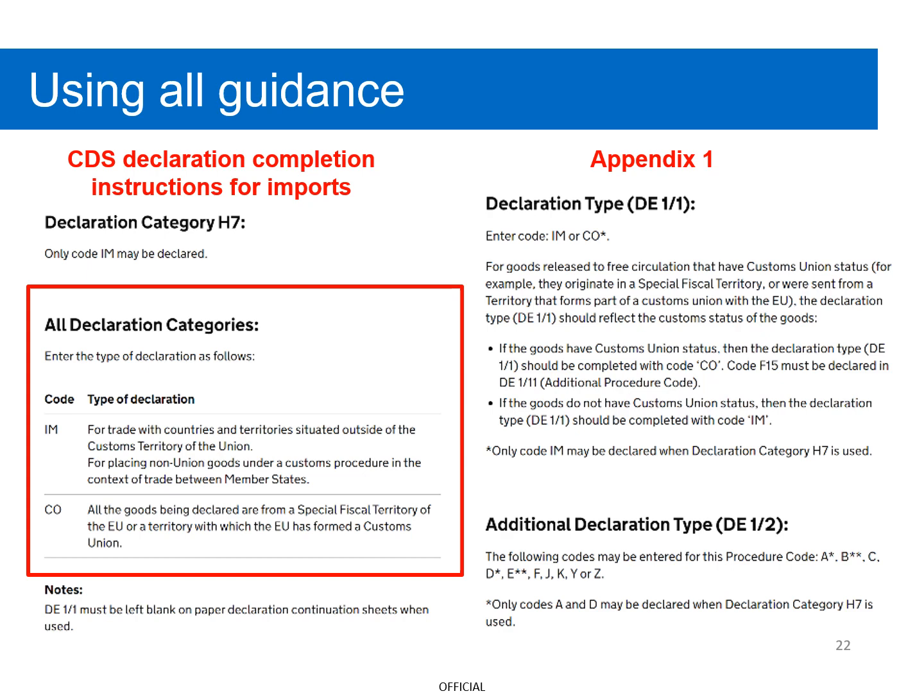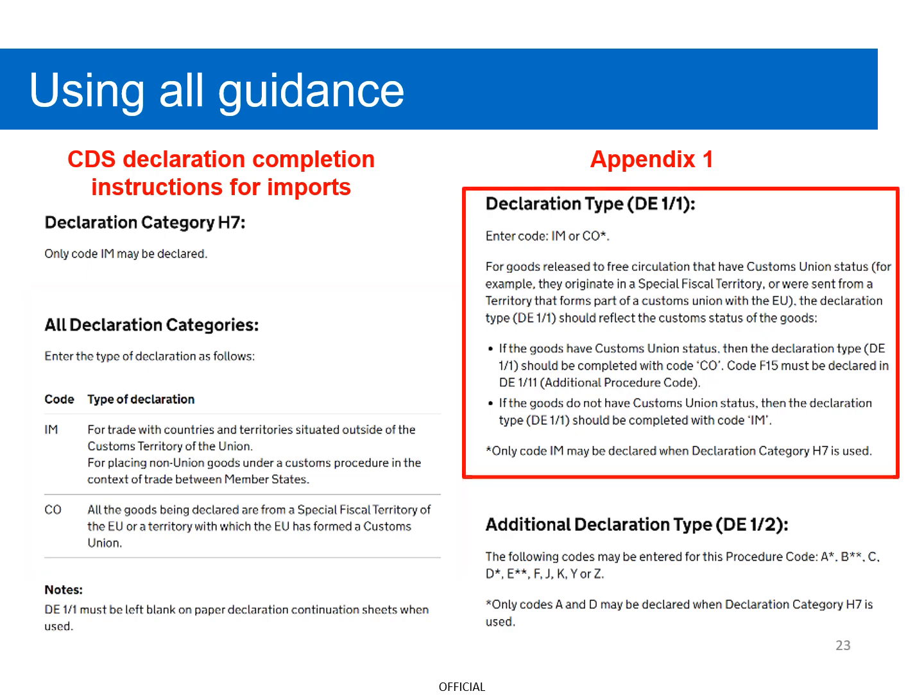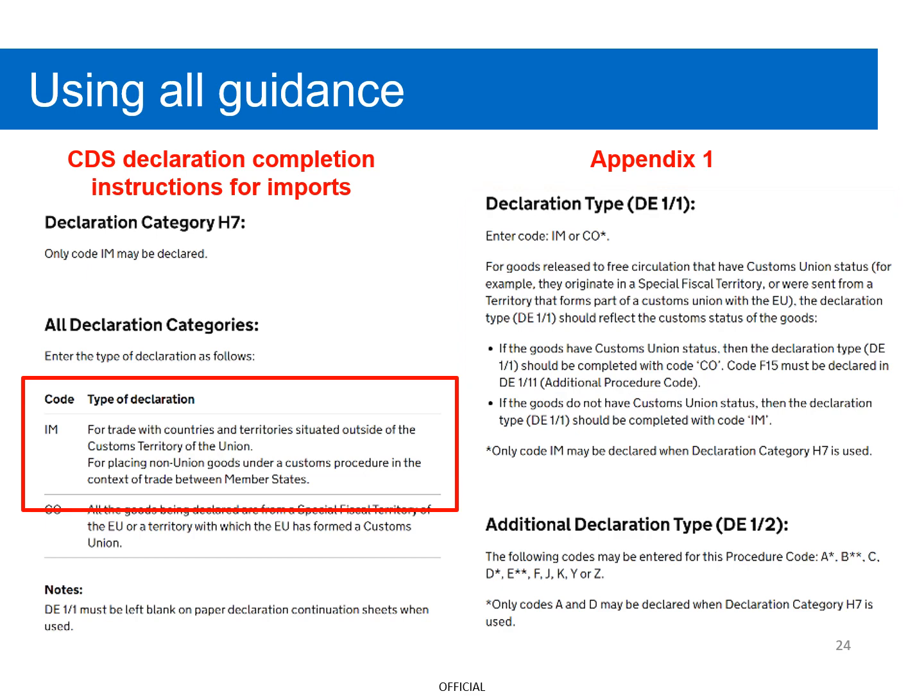The CDS Declaration Completion Instructions for Imports show that the possible values that can be imported into the declaration are IM and CO. According to Appendix 1, the codes that can be used with Procedure Code 4000 are also IM and CO. Using this information, Hallie can decide the correct declaration type to enter into data element 1.1 for declaration category H1. As she's trading with the USA, Hallie selects the declaration type IM.